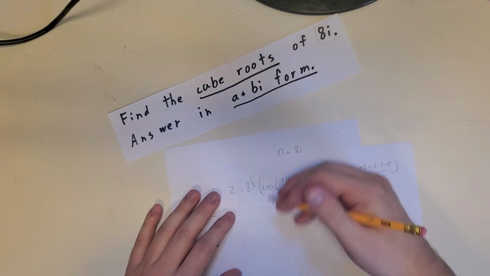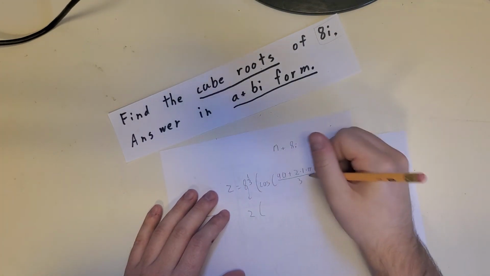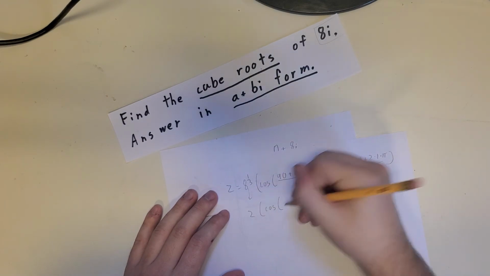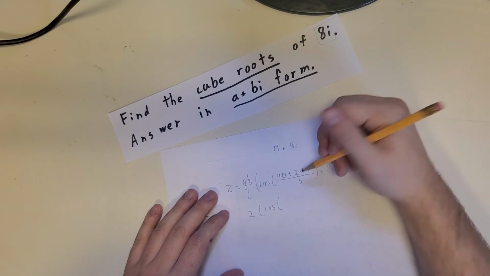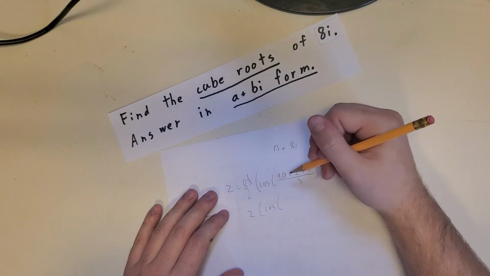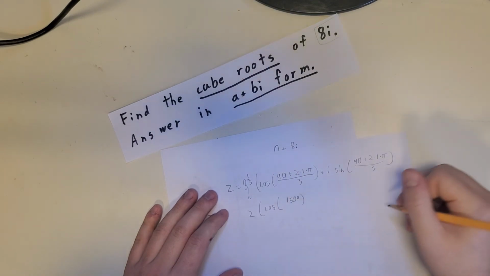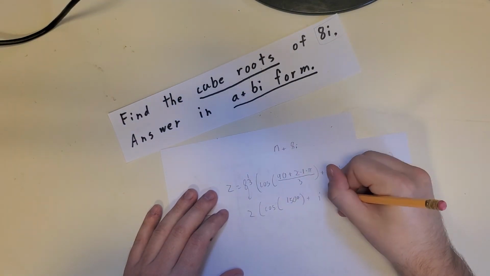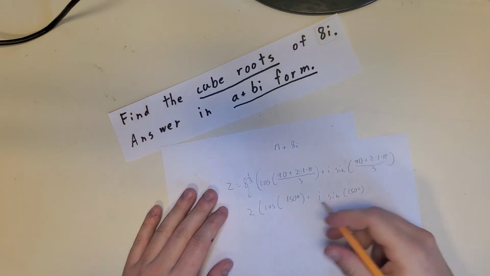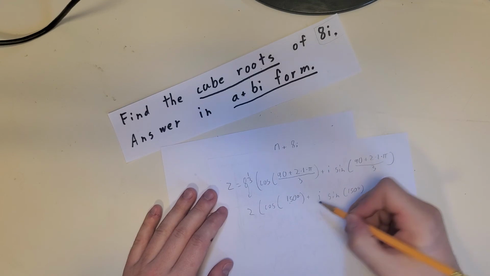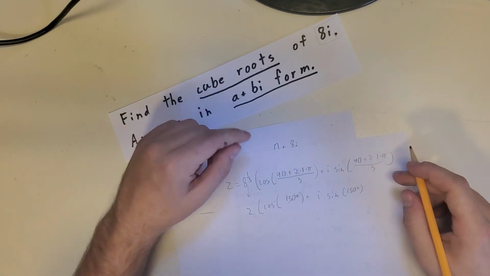And then we solve. Once again, this becomes 2 times cosine of pi is 180 degrees, so 2 times pi is 360 degrees plus 90, 450 degrees, divided by 3, 150 degrees, plus I sine of 150 degrees again. It's important to note, you can do degrees or you can do radians. Personally, degrees works better for me, but whichever way you feel.